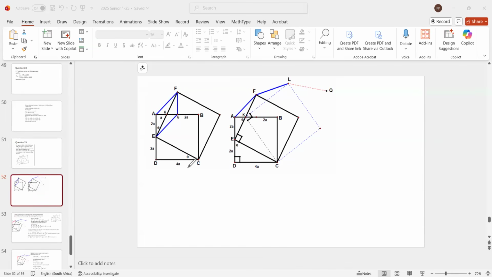Later on, you'll see why, because then I'm going to try to avoid fractions, right? And if I make it A, then I'm going to have fractions, or X, I'll have fractions. I don't want fractions. 4A is nice. Now, we started off by saying that E is the midpoint of this. So each of these is 2A, right?